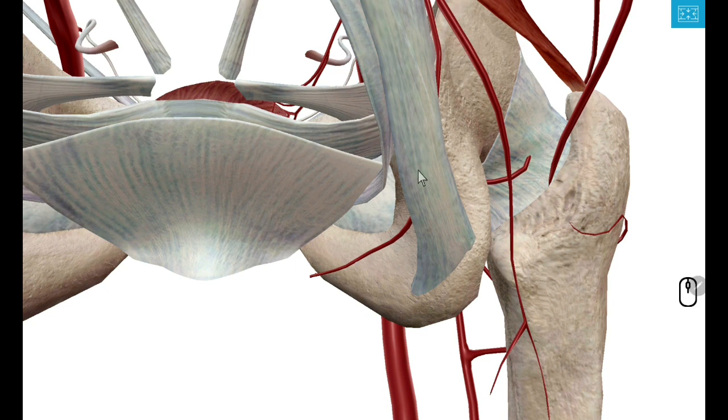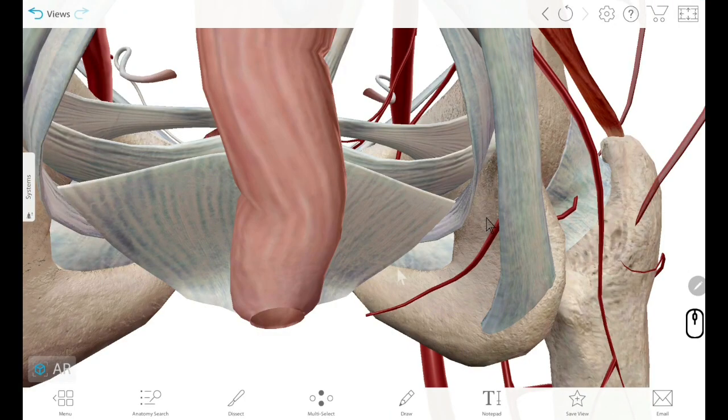So after crossing the greater and lesser sciatic foramen, the internal pudendal artery comes to lie in Alcock's or the pudendal canal. Let's talk about the branch of the anterior division of the internal iliac artery which we are left with.